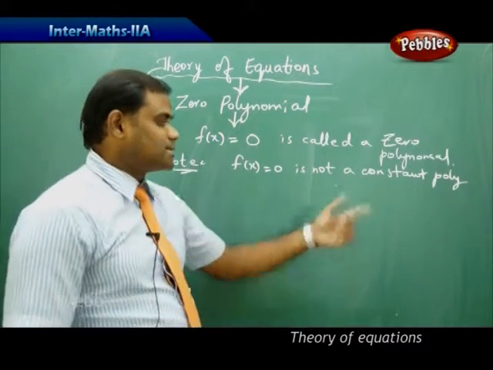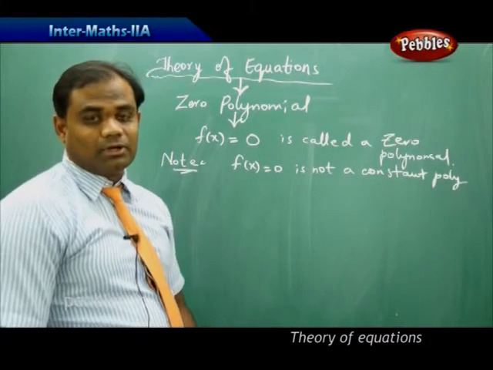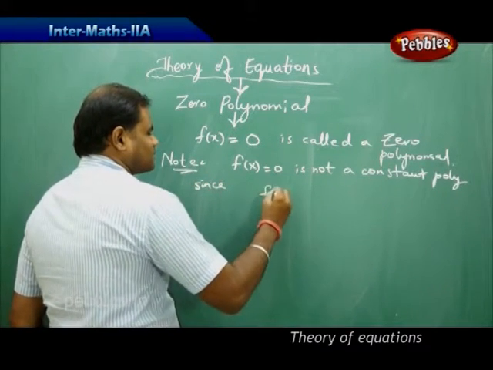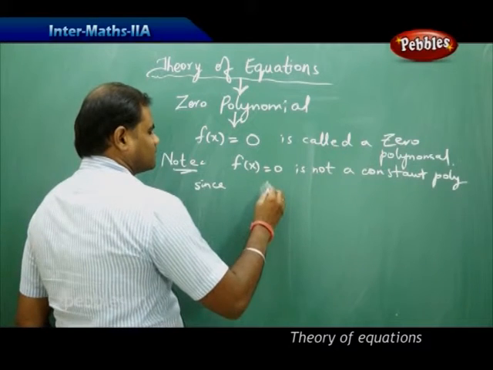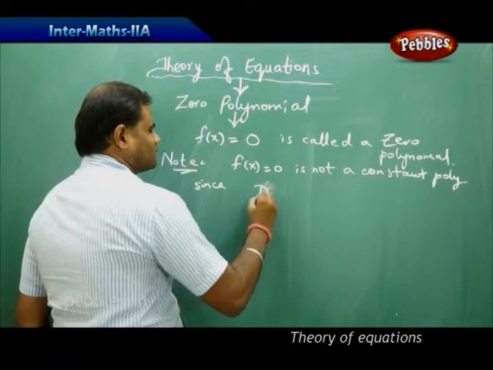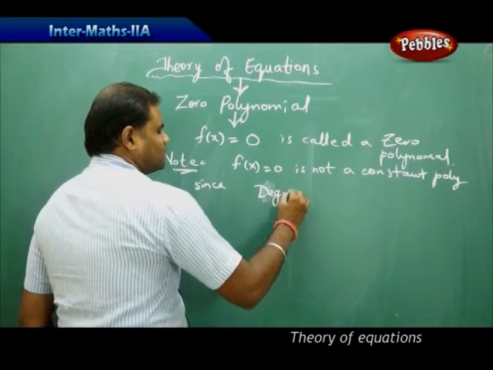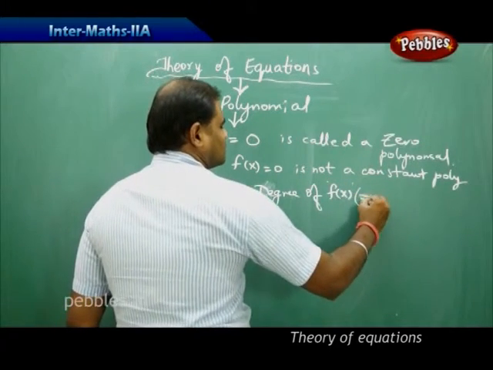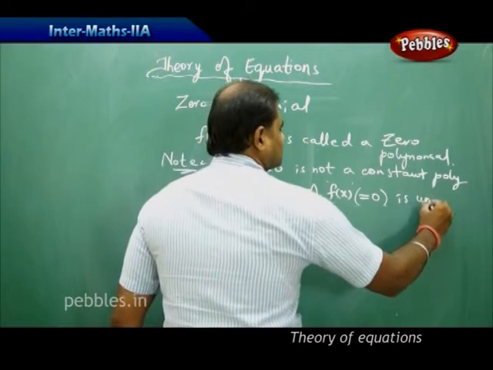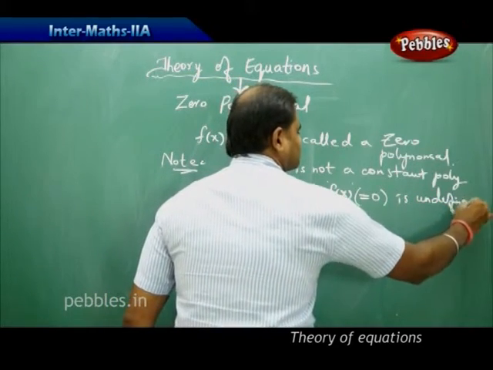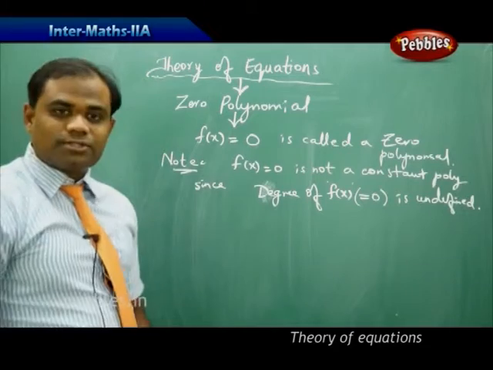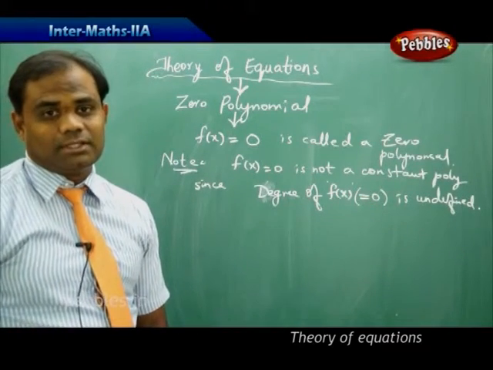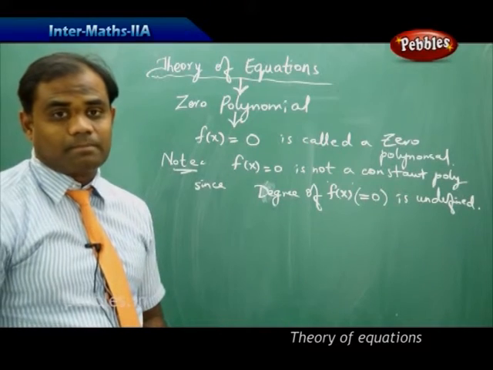We don't call this a constant polynomial since the degree of f of x equal to 0 is undefined. Except for non-zero terms, the degree of a 0 term is undefined.